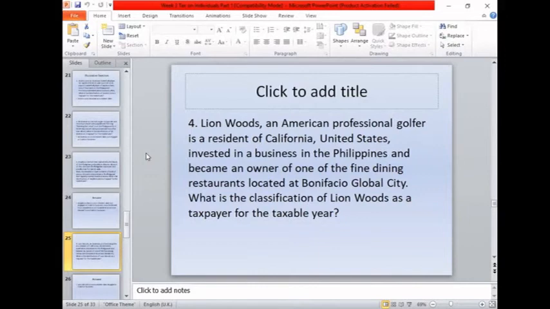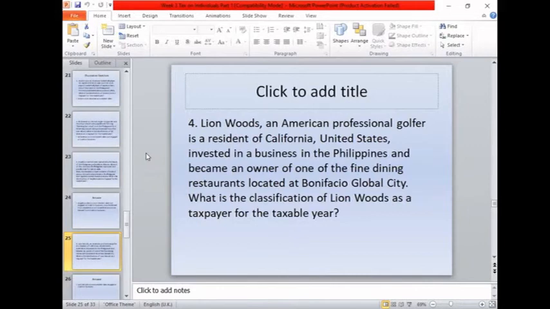But Lion Woods invested in a business in the Philippines, and he is also the owner of fine dining restaurants in the Philippines, especially located in Bonifacio Global City.